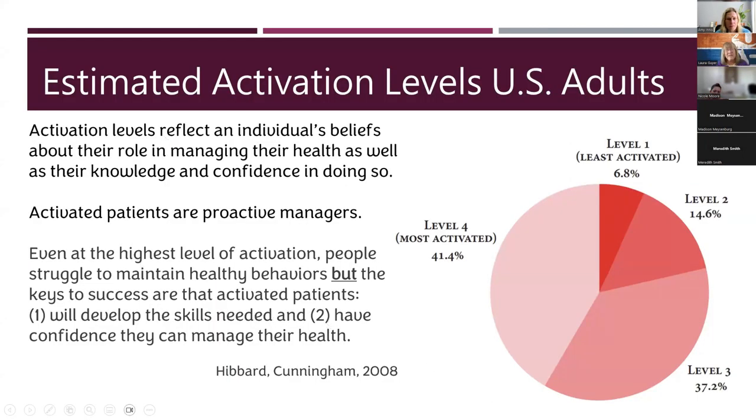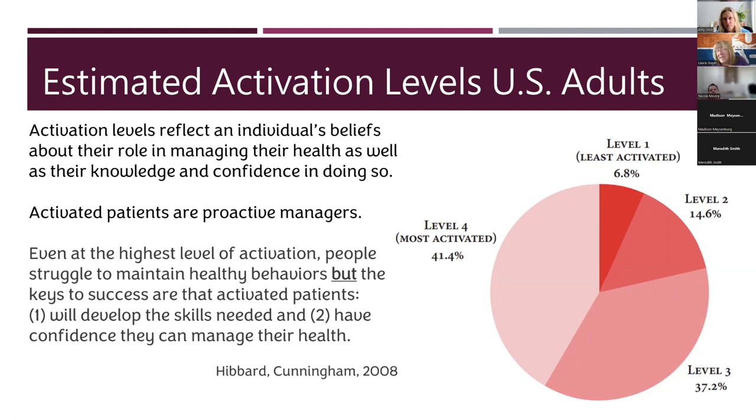Now, when we take a look at the US adult population, the estimates of the percent of adults that fit into each of the levels: less than 10% are estimated to be at level 1. About 15% of US adults are estimated to be in level 2.